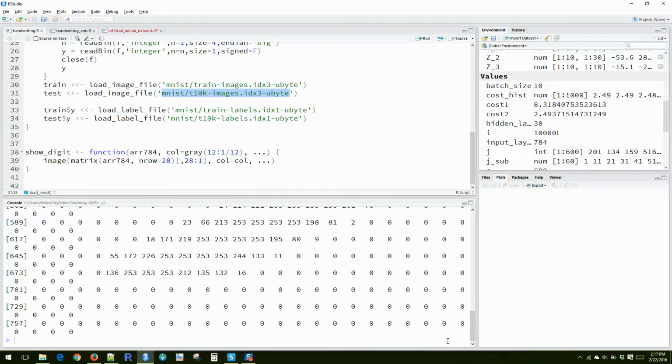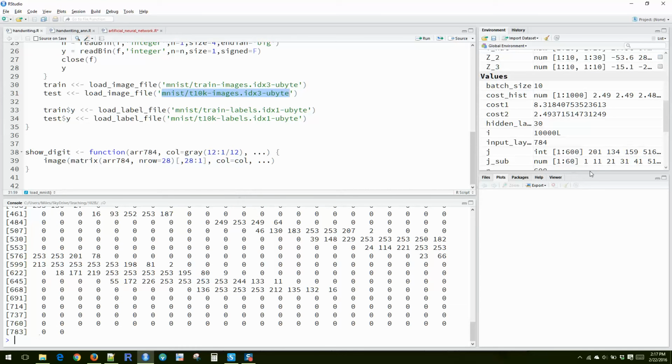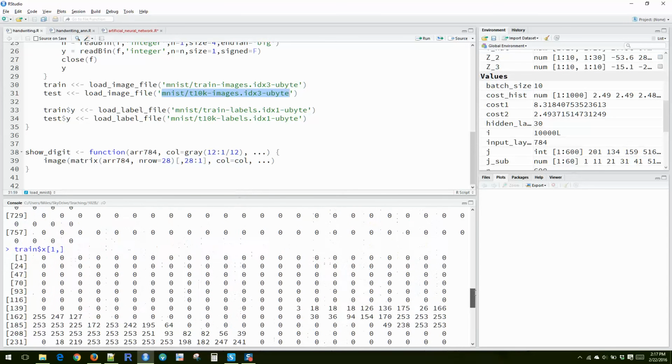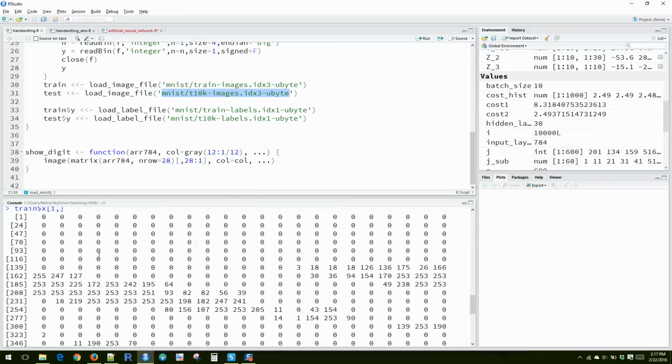And so if I say, hey, print out that first row, we can see, okay, it's just a whole bunch of numbers, 784 of these things, right?